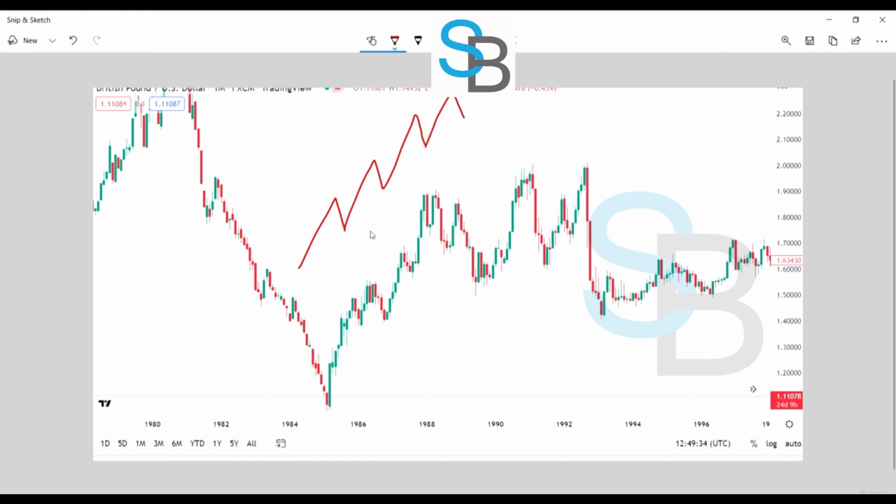So this is the way the market typically moves. Traders have discovered that when the market creates an impulsive move and then retraces, it tends to retrace to a Fibonacci level.